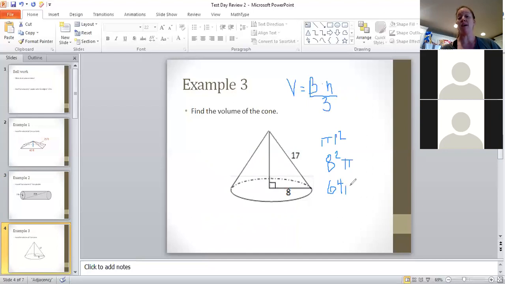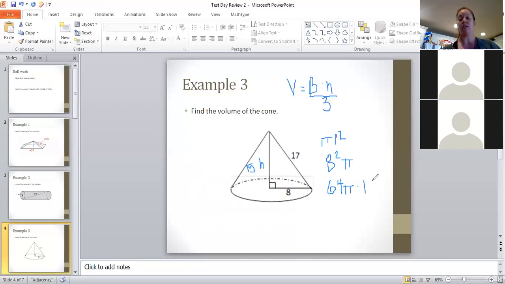I'm going to multiply that by the height. Again, we have a problem. I don't have the height right now. So we can do Pythag again. 8 squared plus h squared equals our hypotenuse, 17 squared, and solve for h. Or again, those families are going to be huge if we recognize it, because this is 8, 15, 17 family. So now I can plug that in for my height.